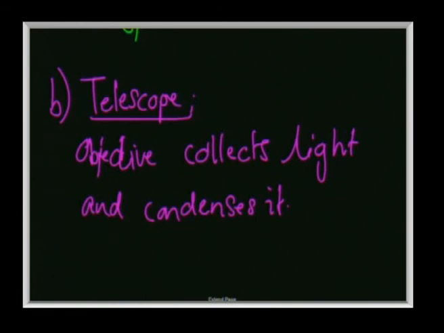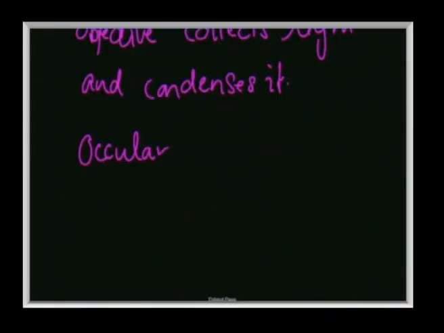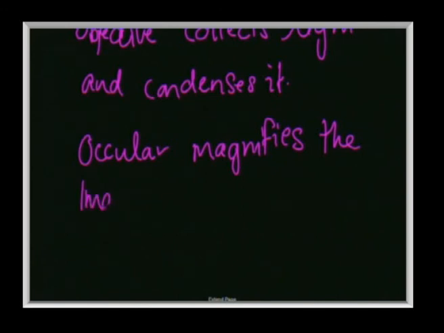So as the light comes in, that first lens over there collects all the light, it puts it together, and then the second lens is going to be the one that forms the image. So your ocular has the function of then magnifying, so the ocular magnifies the image that is formed.